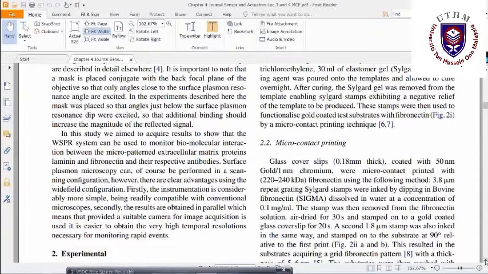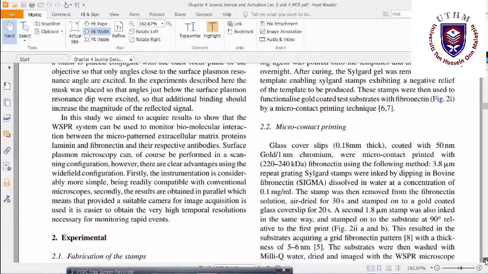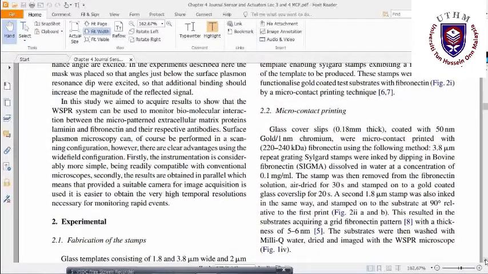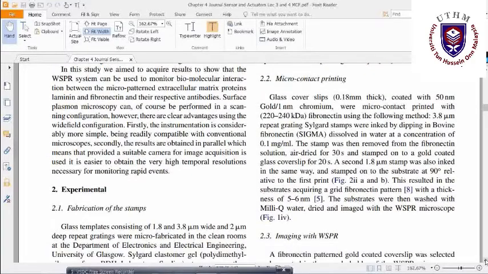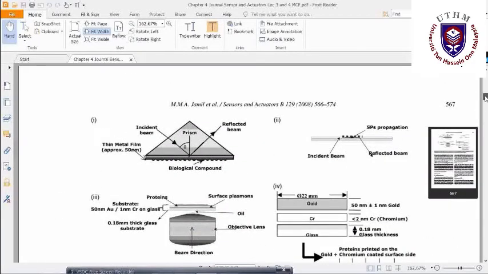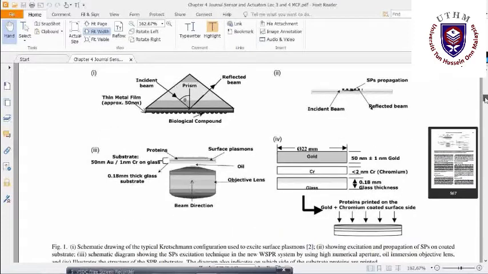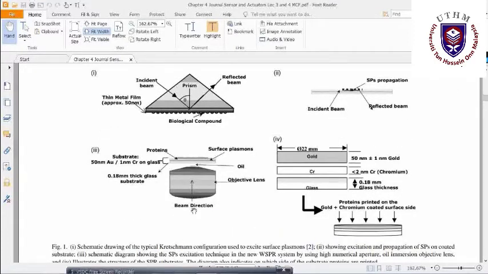So having explained the wide field and Kretschmann configuration, there are a few more details on the wide field surface plasmon system. Let me explain a few if possible. The difference, again, is that we use the oil immersed objective lens.